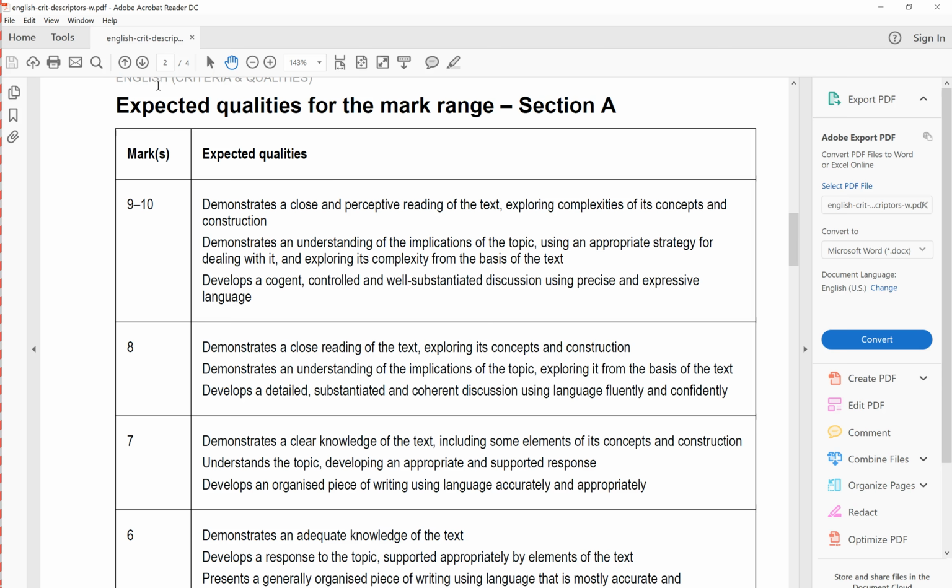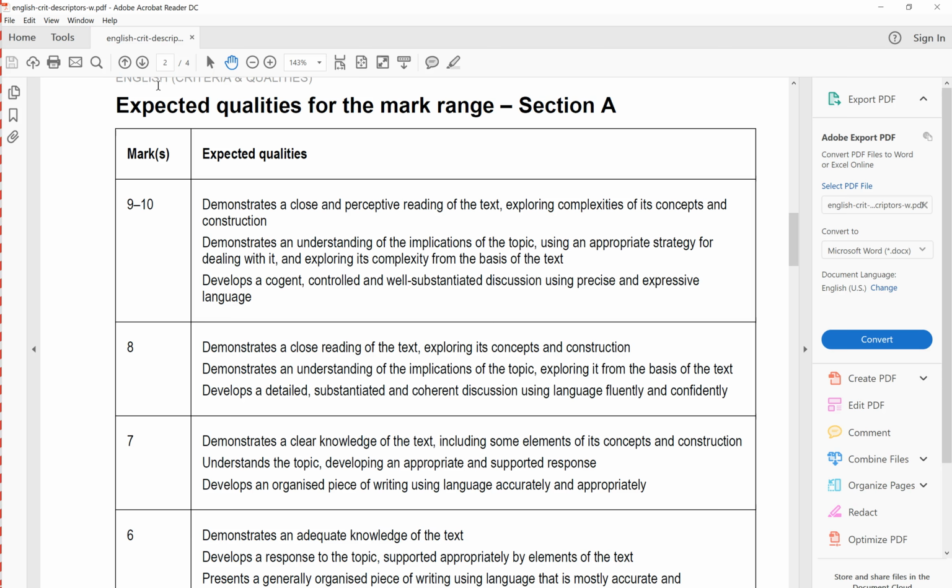Use those notes in class and share them in class discussion, making sure that you're challenging your teachers' interpretations, getting them to justify their point of view, having debates with people in your year group about their reading of the text, to help you fine-tune how you perceive this text.